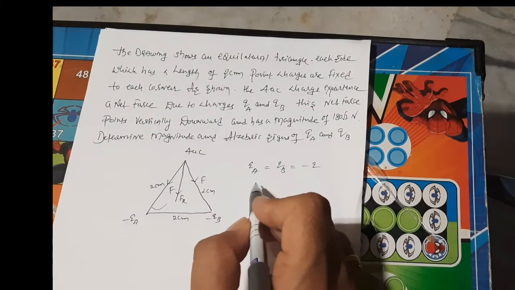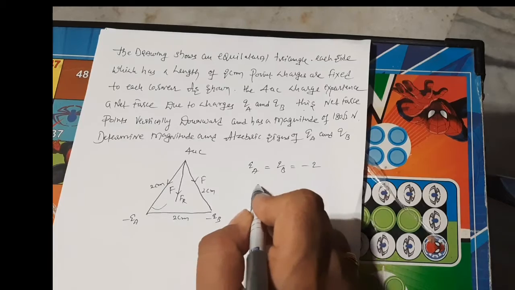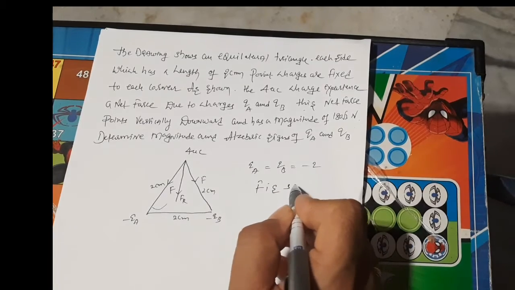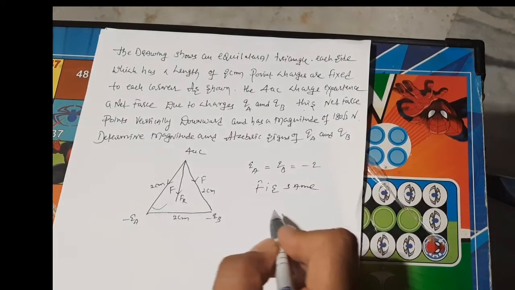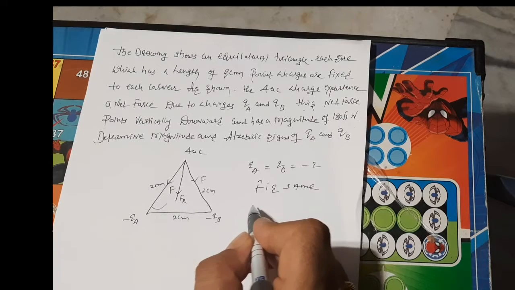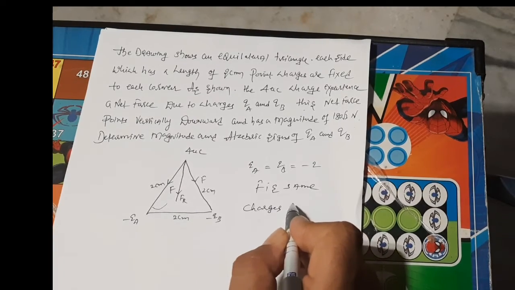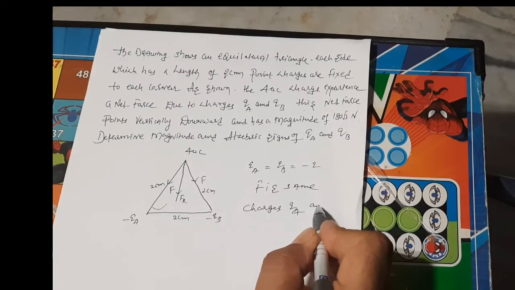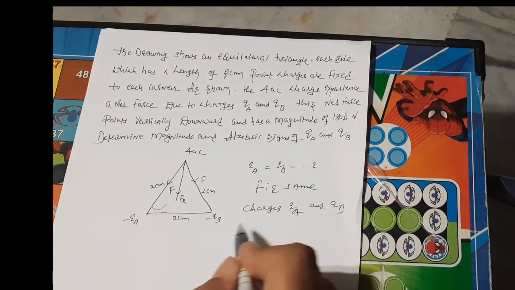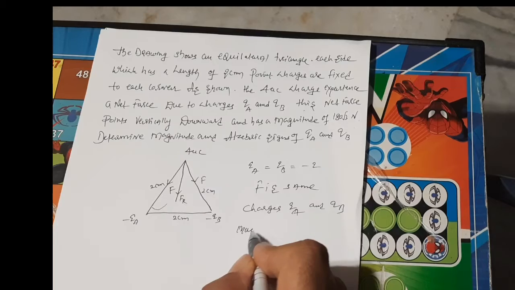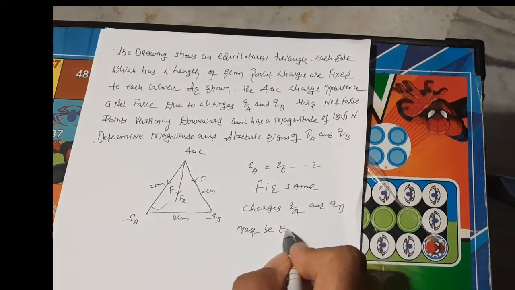Here F is the same, and the charges QA and QB must be equal.